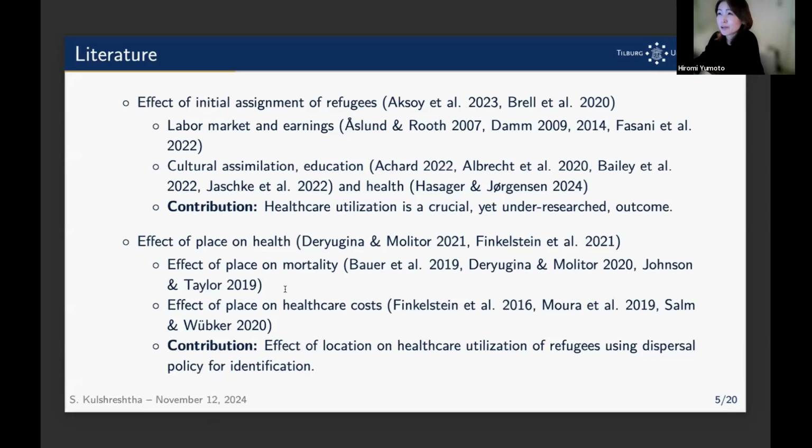It's really interesting, and I would like to ask you about the outcome variable. I understand your focus is on healthcare usage rather than healthcare condition. However, I wonder why you particularly focus on depression medication or prescription medication. You already mentioned that refugees are more likely to struggle with mental issues.